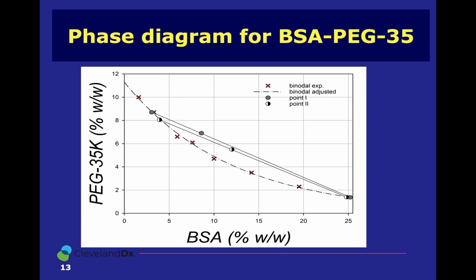For this system, we look at hydrogen bonds before phase separation, and basically the procedure was we took a point at the phase diagram like here when the system exists, then we mix the phases and run FTIR. Then we diluted this mixture to zero and ran FTIR at different concentrations.